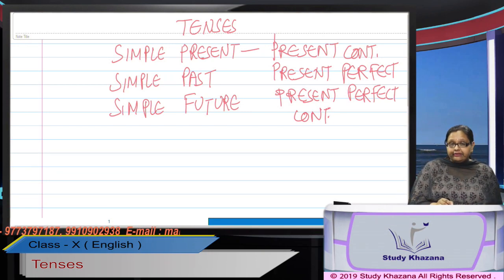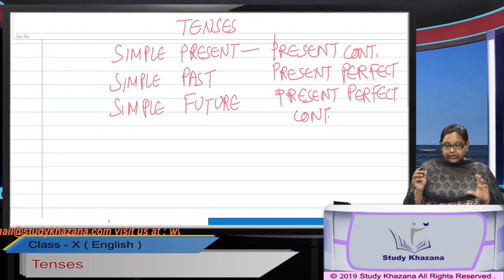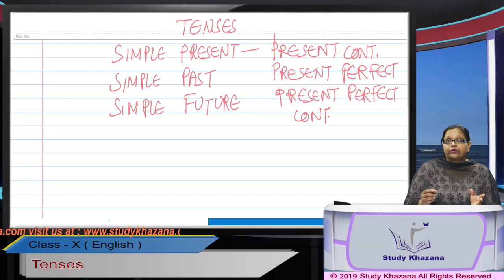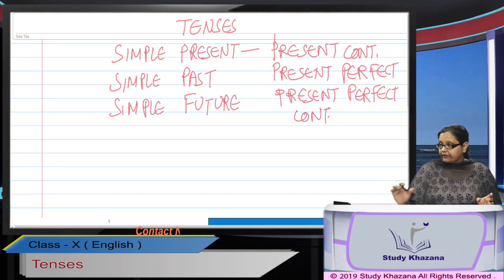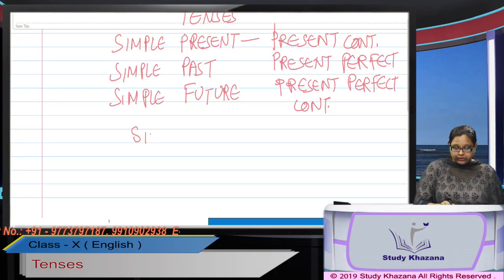So at first I will take simple present and present continuous, their difference and their roles, like they are used differently and they are similar yet they are different from each other. Okay, so let me give you an example.